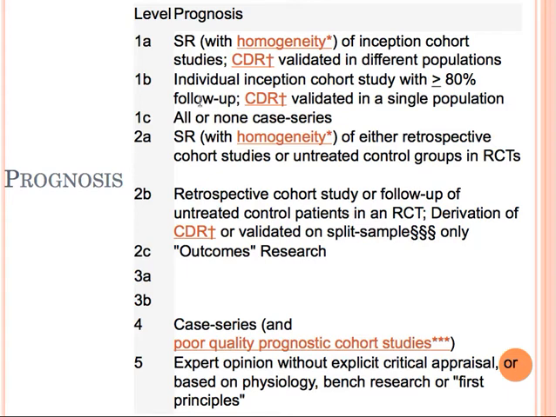The last theme or column that we're going to concern ourselves with is prognosis. Again, we have the ranks here, and then we start to look at the details listed. We're going to note that the SR, the systematic reviews, are the 1 and 2A's, and there's no 3, so there's no 3 in this case.